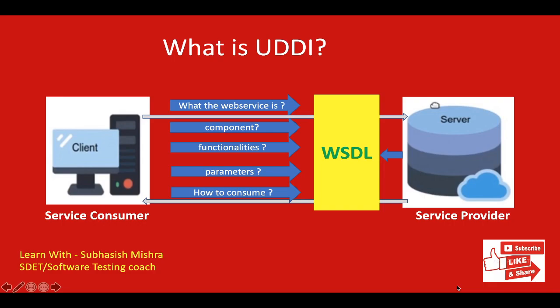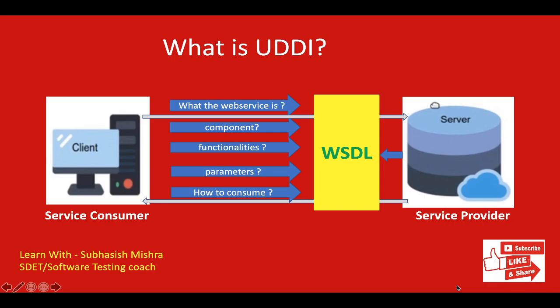There are two ways a service consumer can get hold of this WSDL document. One is the service provider can directly hand over the WSDL document to the service consumer. This can happen if both of them know each other, but if they don't know each other, then how can a client application or service consumer locate a WSDL file to understand the various operations offered by a web service provider?